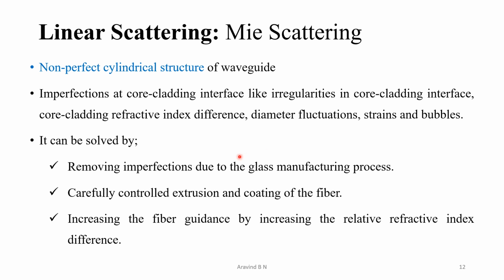This can be solved by these procedures: remove the imperfection by improving the manufacturing process, carefully control the extrusion and coating of the fiber, and increase the fiber guidance by increasing the refractive index difference between the core and the cladding.